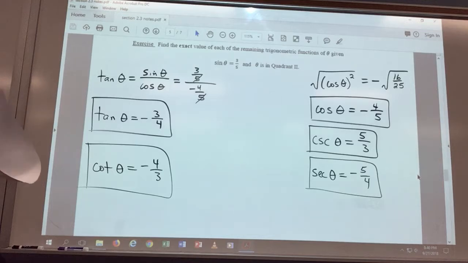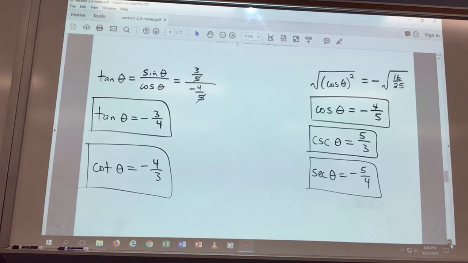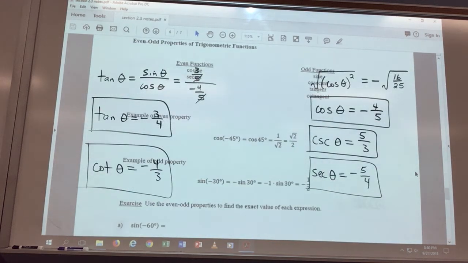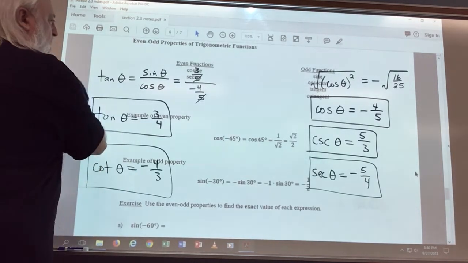All right, so if you flip over to page 6, we're going to talk about the even and odd properties of the 6 trigonometric functions. Some trigonometric functions are even, and some trigonometric functions are odd.